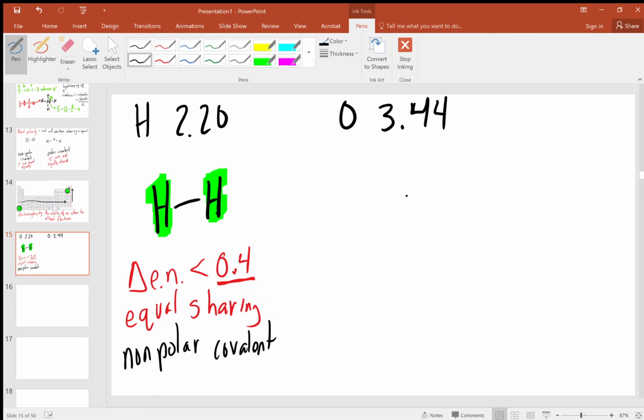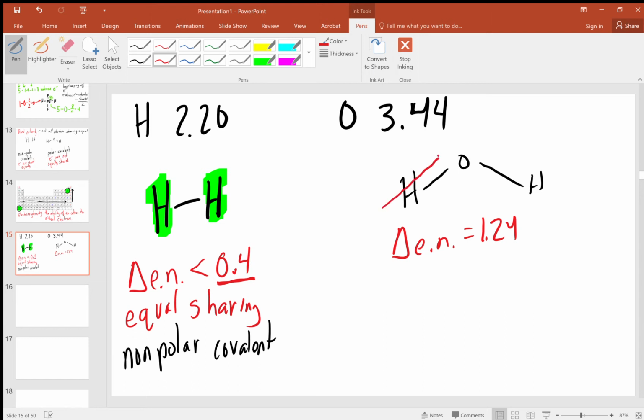What about when we go to water? Well, now we have a difference in electronegativity of 1.24. That's because oxygen is much more able to attract electrons. So these oxygen-hydrogen bonds are what we would call polarized towards the oxygen.